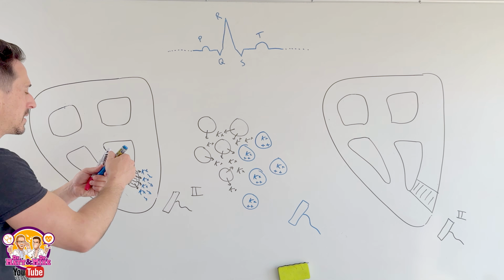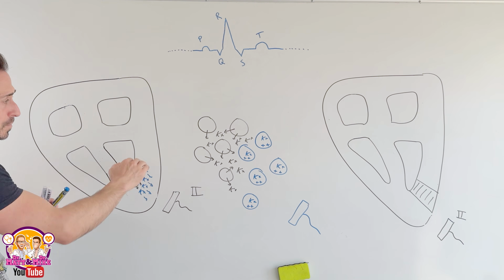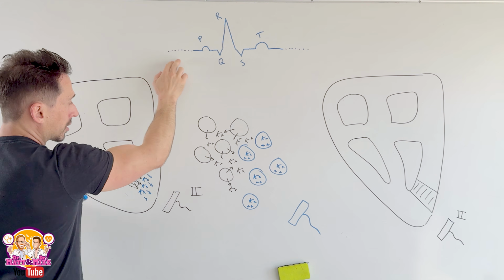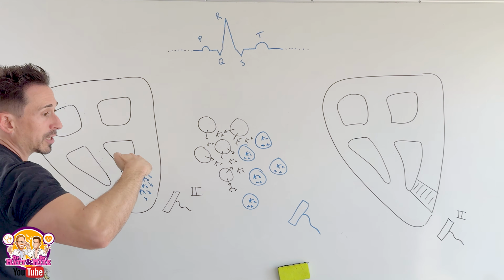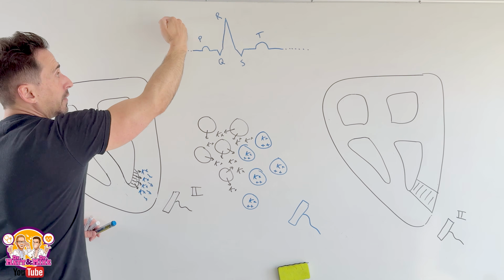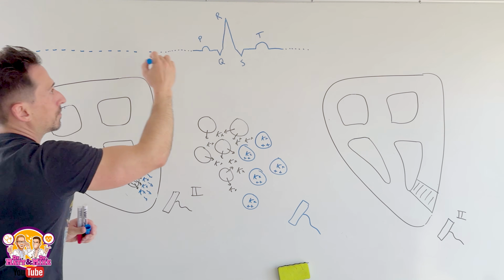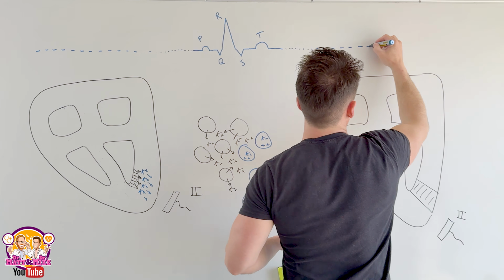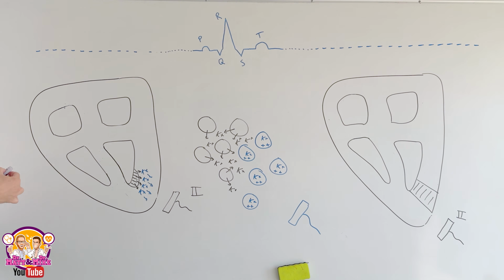And what that means is this: if they depolarize in the direction of the lead, the baseline, because nothing's happening, the baseline, remember, depolarization in the direction of the lead, you get an elevation. The baseline elevates. So if we were to stretch this baseline out across here, this is the normal baseline for a heart that's not undergoing an MI.